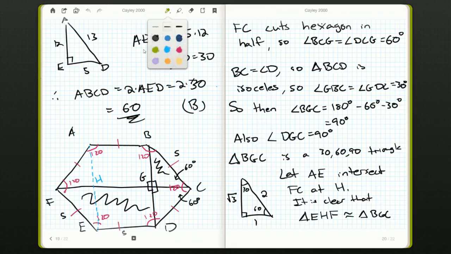Now, if I were to take the green, so I have a side length here of S, and I have a height of √3 over 2 S. If I were to find the midpoint here, I would get S by 2, S by 2, S by 2, S by 2, and all of these triangles are going to have a height of √3 over 2 S. So let's give names to these.